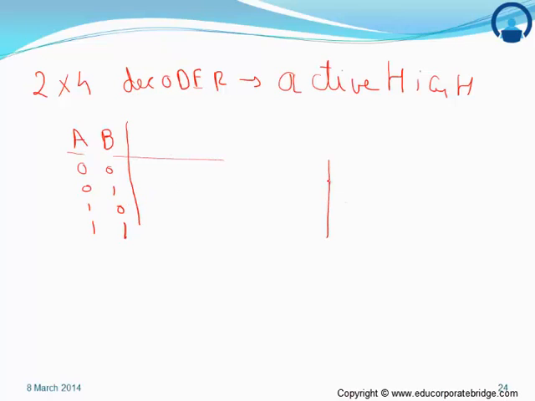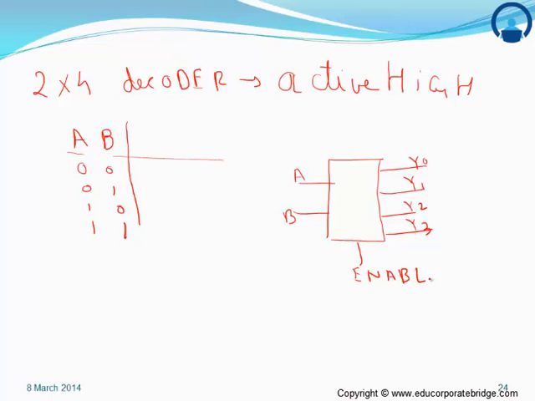The circuit diagram for the 2 cross 4 decoder has A, B, that is 2 inputs, and 2 raised to 2, that is 4 outputs, Y0, Y1, Y2, Y3. It has one enable line for active high. We'll discuss active low also.